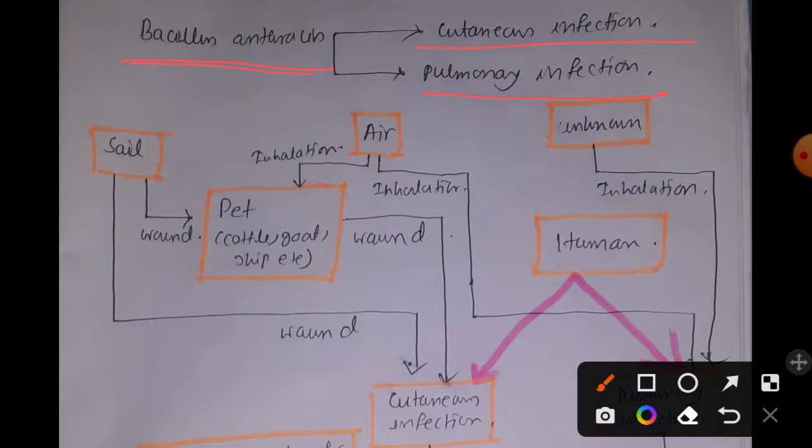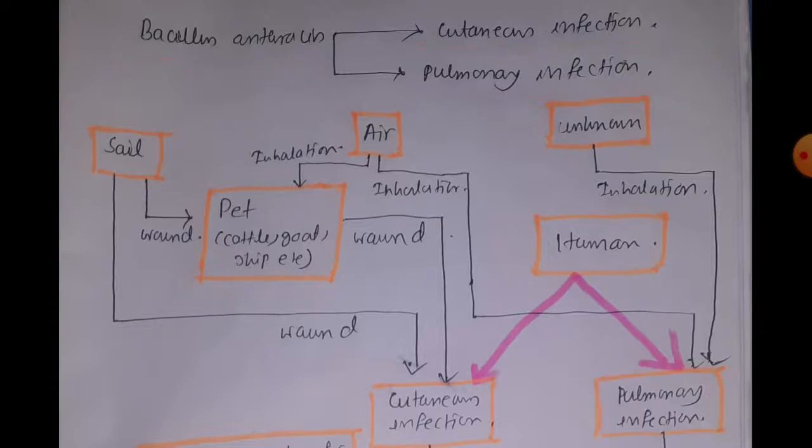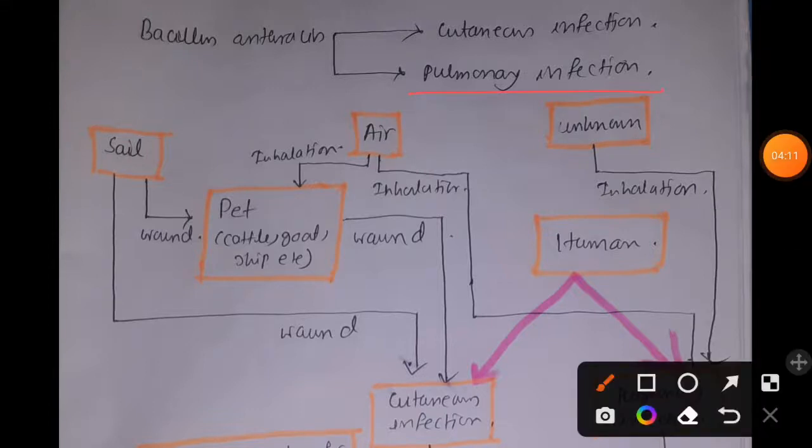If it causes cutaneous infection, it has to enter through the soil, because from air it can only enter through the respiratory tract, which transfers them to the lungs and facilitates pulmonary infection. So Bacillus anthracis coming from the soil causes cutaneous infection, and that coming from the air causes pulmonary infection.